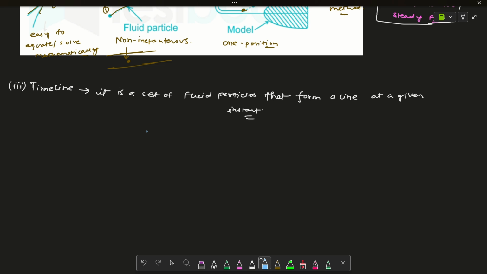Streamlines are difficult to generate experimentally in unsteady flow unless one marks a great many particles and notes their direction of motion during a very short time interval. In a steady flow, where velocity varies only with position, the situation simplifies greatly. That's why streamlines, pathlines, and streaklines are identical in a steady flow. I hope you understand these methods.